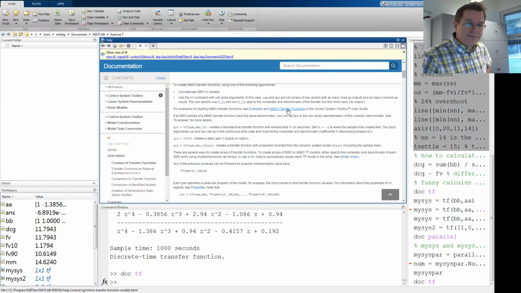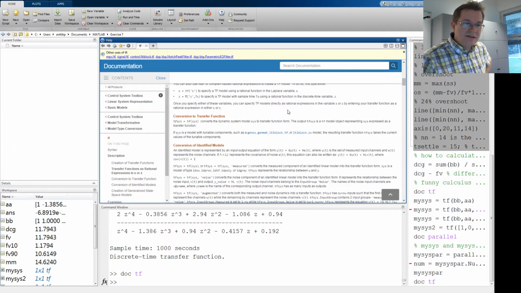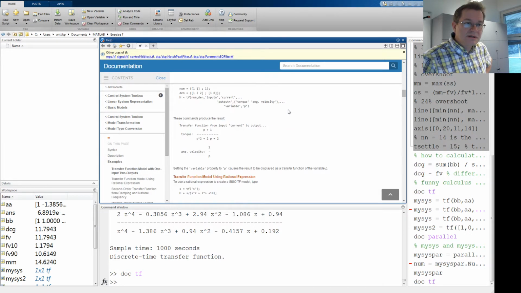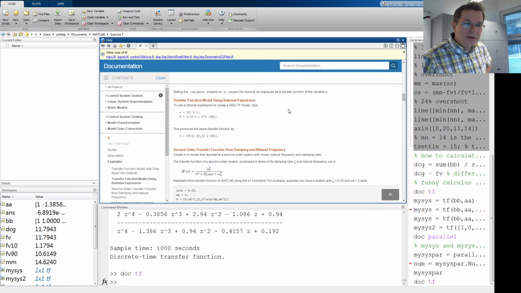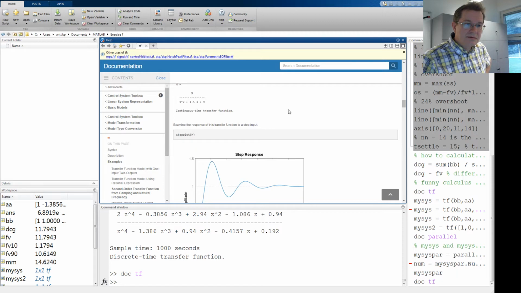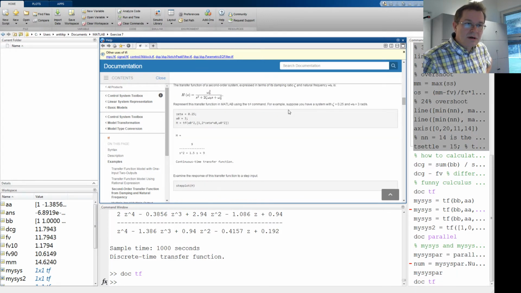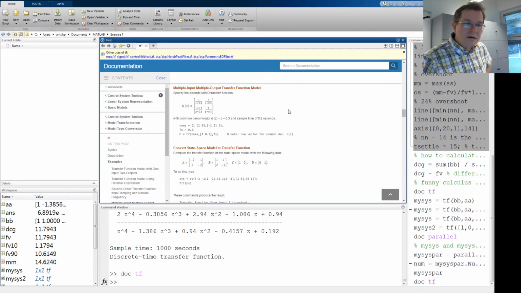TF is, all right. I wonder how to get it back to the step.